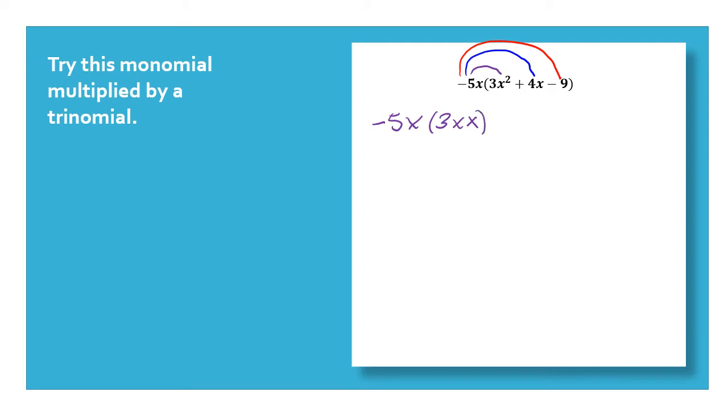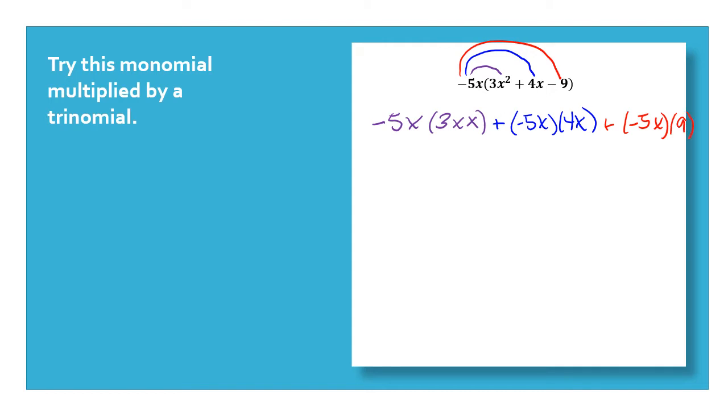X squared is x times x. Then I'm going to do negative 5x times 4x, so I've got plus negative 5x times 4x, and then I'm going to do plus negative 5x times 9.